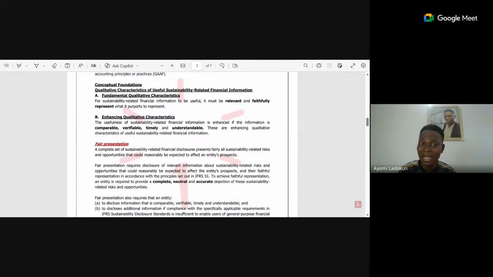Then for enhancing, there are four of them. I normally give this acronym CVTU: comparability, verifiability, timeliness, and understandability. So that's exactly what you have here. On and on, it then begins to explain what fair presentation is, just like the faithful representation. That's complete, neutral, and free from error. That's being accurate. So please take note of that.